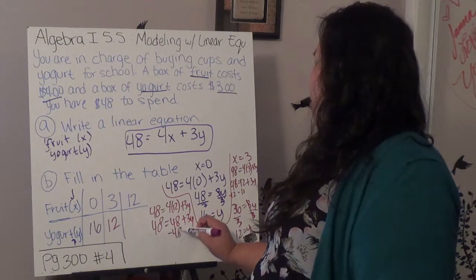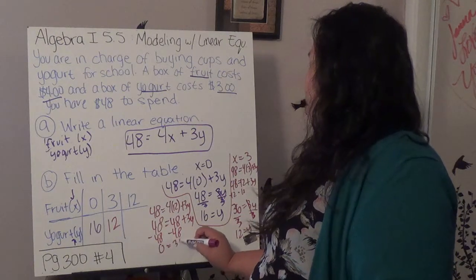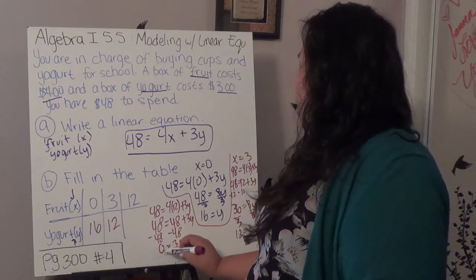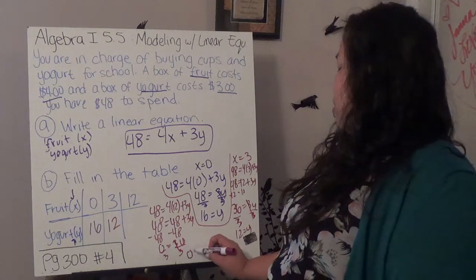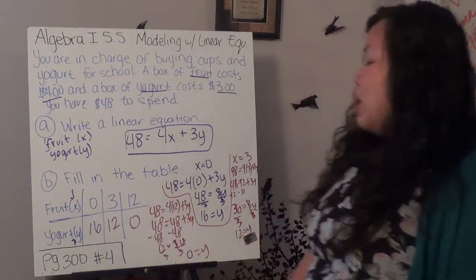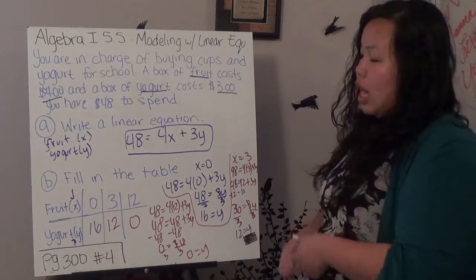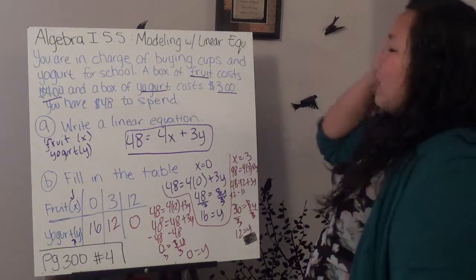I subtract 48 from both sides and I end up with 0 equals 3y. If I divide both sides by 3, 0 divided by 3 gives me 0 equals y. So that means if I buy 12 fruit cups, I will not be able to buy any yogurt cups for the class. So this will help you evaluate.